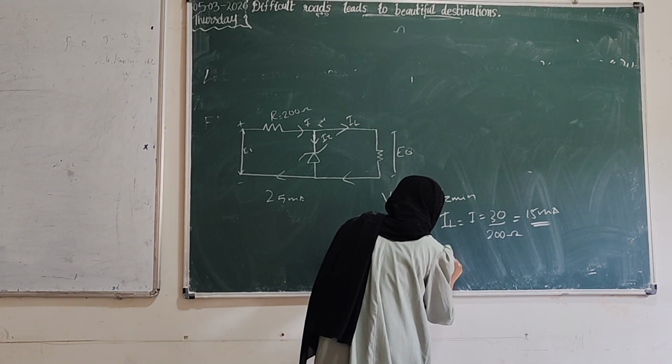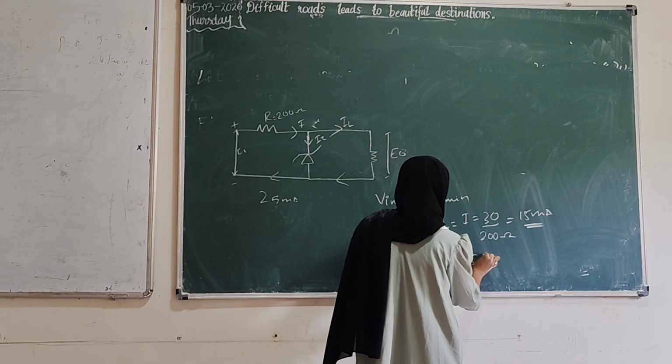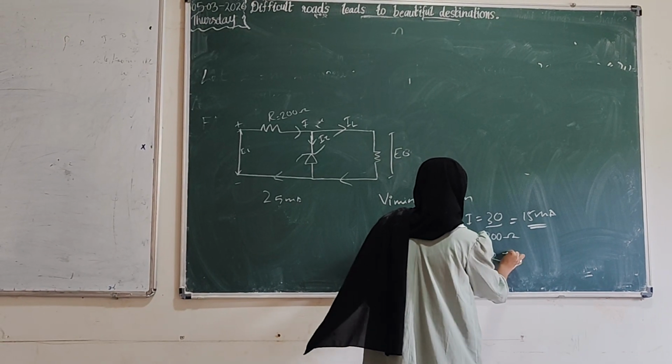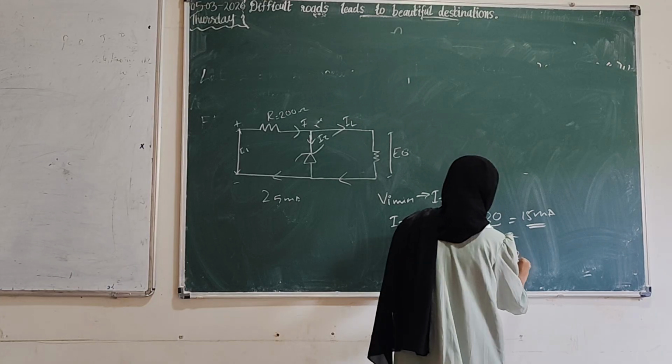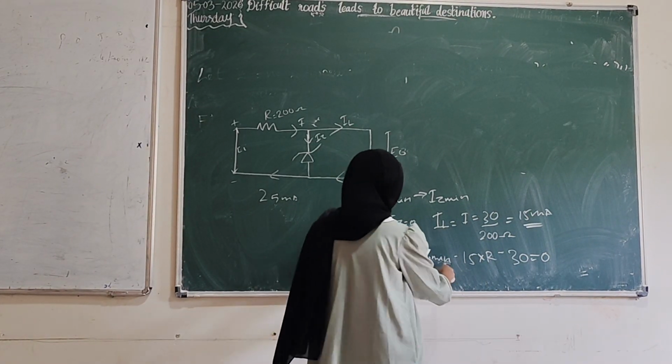VI minimum minus 15 into R minus 30 is 0. So we want to find VI minimum.